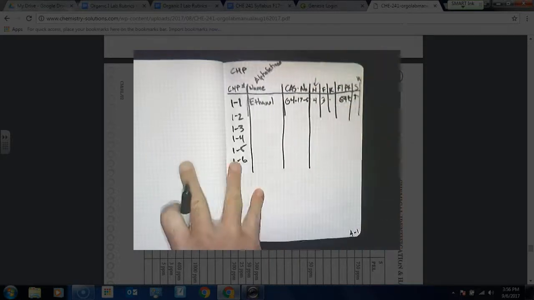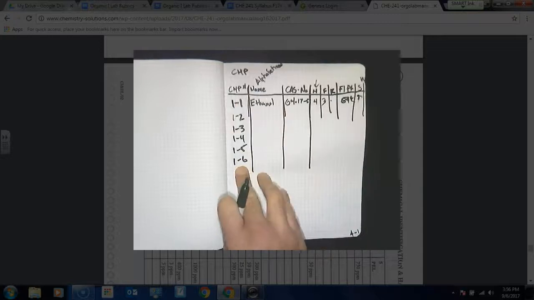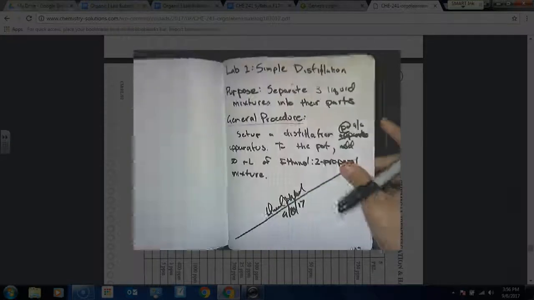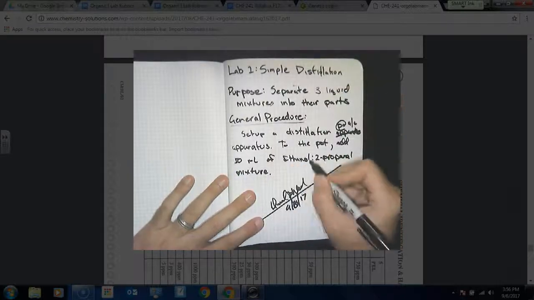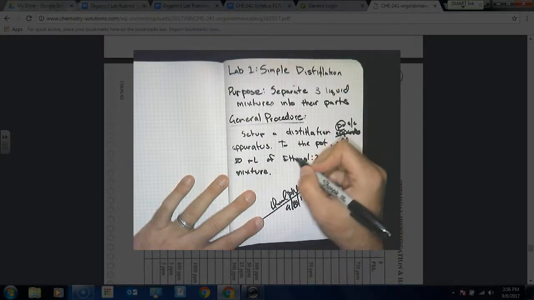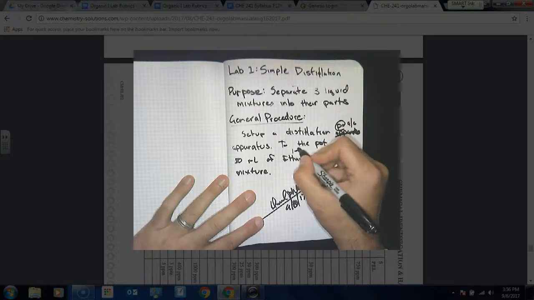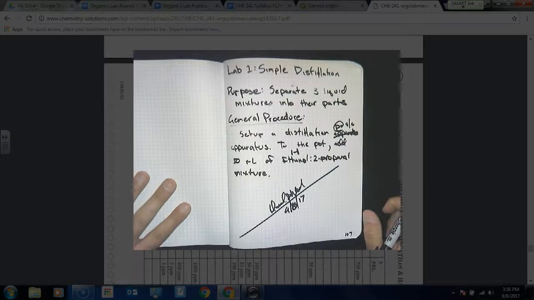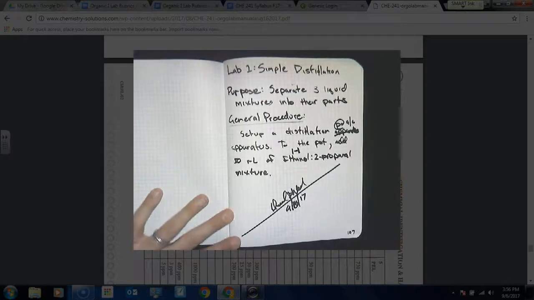It's a reference. Now, this CHP number that we have written, I will say that you can also then, for the remainder of your lab, refer to ethanol as just 1-1. Now, in these labs, that may not be as valuable because ethanol is ethanol and people know it.